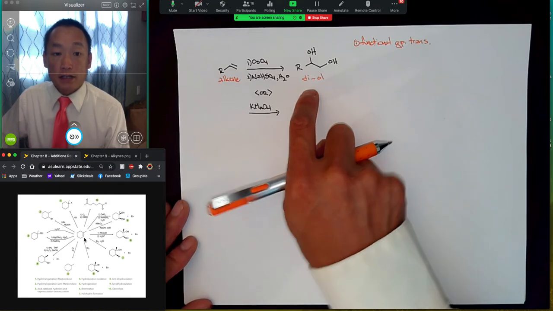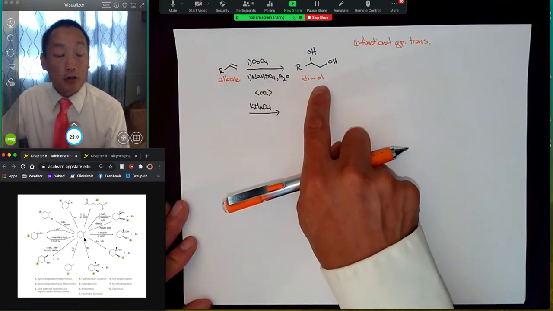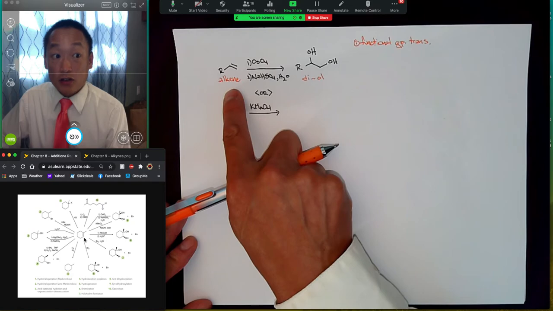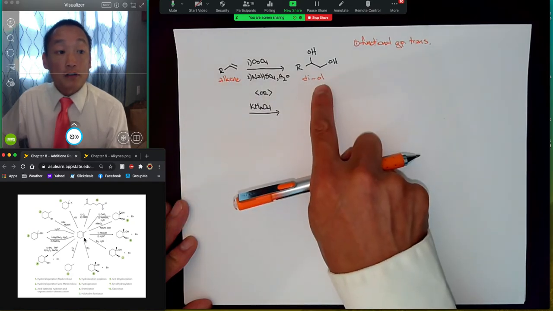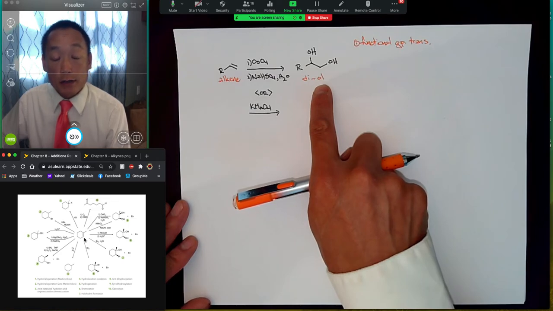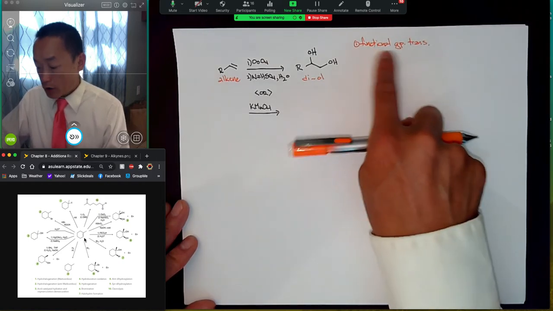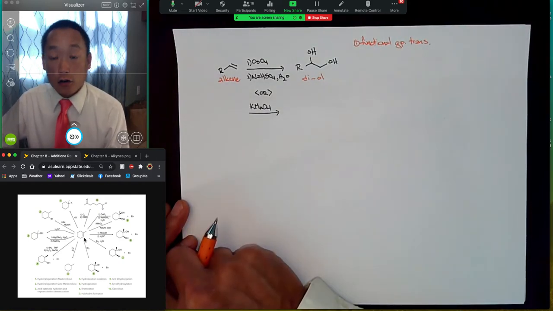I know you might see a double bond and hopefully you see two OHs, but as a medicinal chemist, this molecule right here probably doesn't have any solubility. This now with these two OHs on it are likely to have solubility in the body, so that's why we use this a lot for drug delivery.